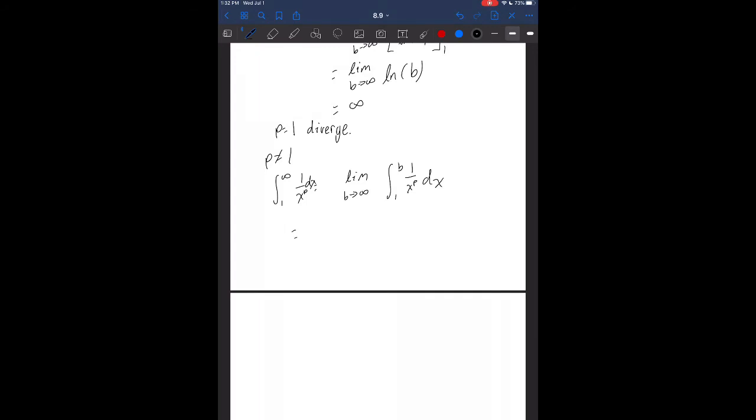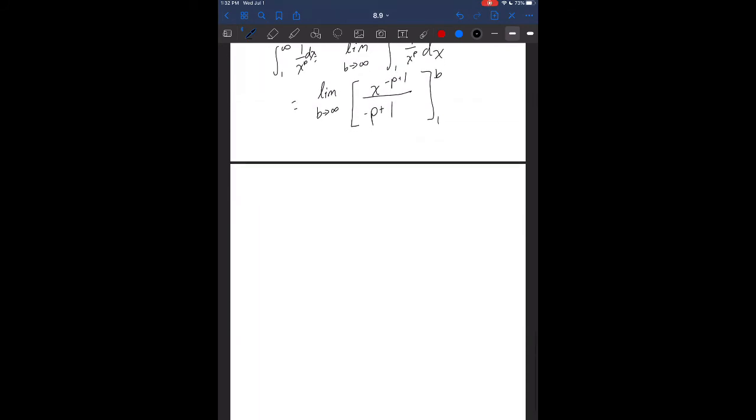Well, now we can just use our exponent rules to rewrite this integral. So this is going to be the limit as b goes to infinity of x to the negative p plus 1 over negative p plus 1, and this is evaluated from 1 to b.